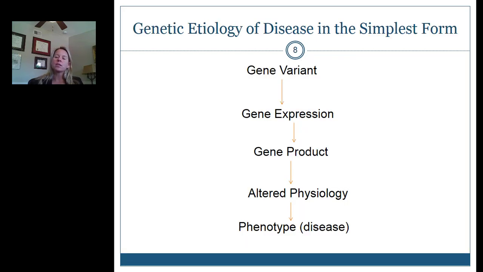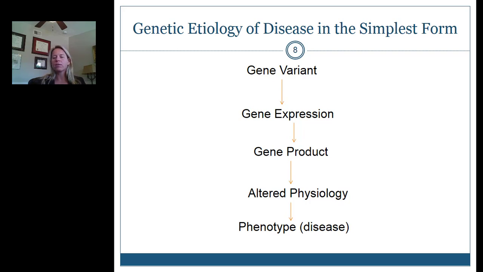Now, this is essentially to describe the genetic etiology of a disease in its simplest form. And you can also apply this kind of logic to genetic expressions that don't necessarily confer disease.